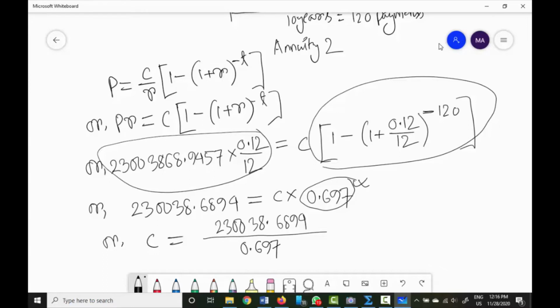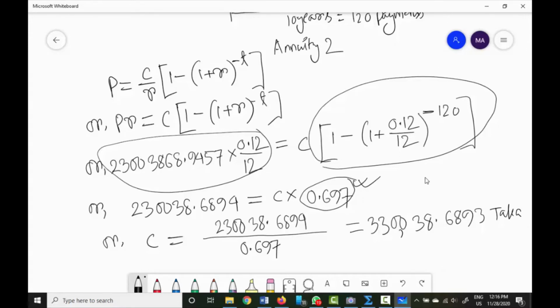This one is already in my calculator from the previous answer, so we can just press the answer button to get the more precise result. We get 330038.6893 taka.